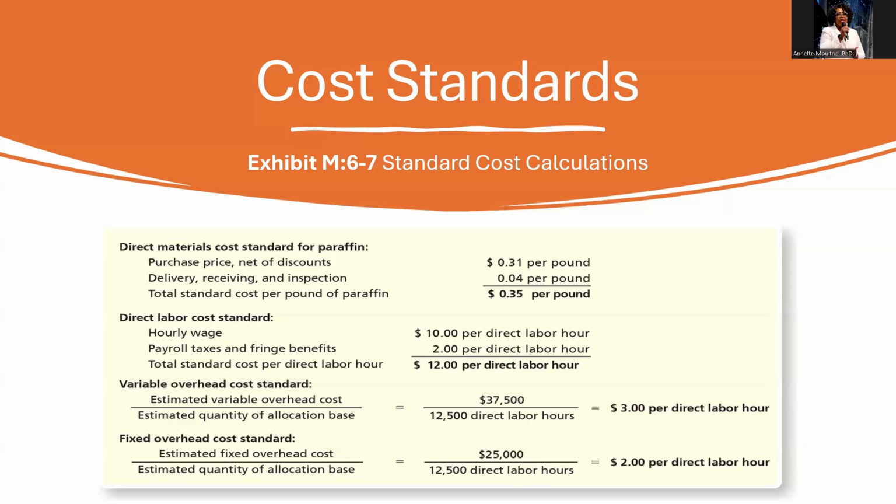The estimated quantity of allocation base is 12,500 direct labor hours. When you divide that, you get $2 per direct labor hour. So these cost standards provide a foundation for budgeting, performance evaluation, and cost control within Cheerful Colors' operation.